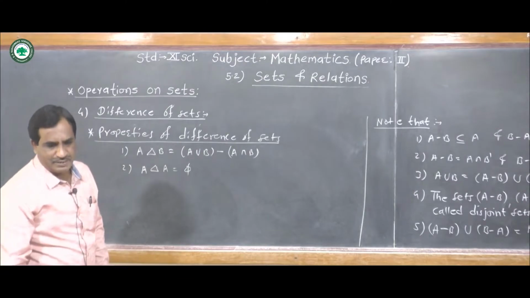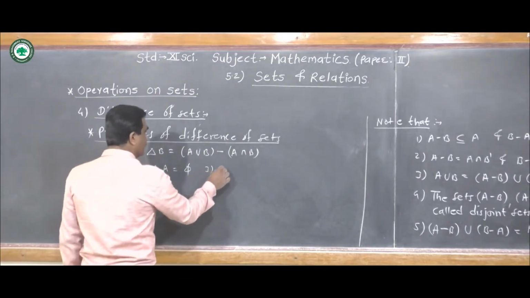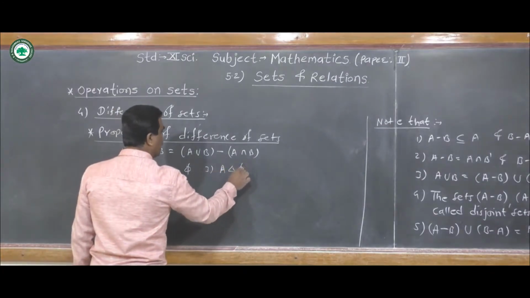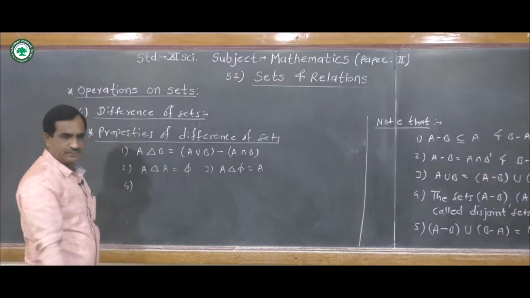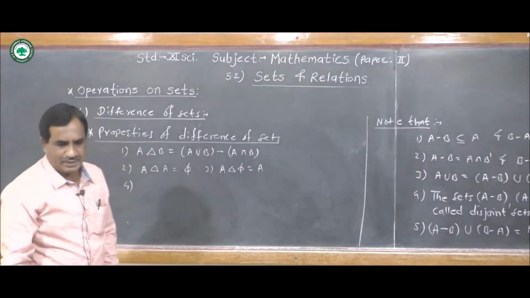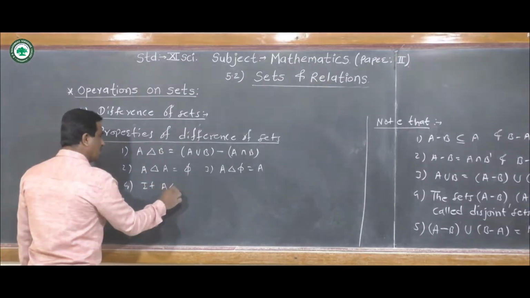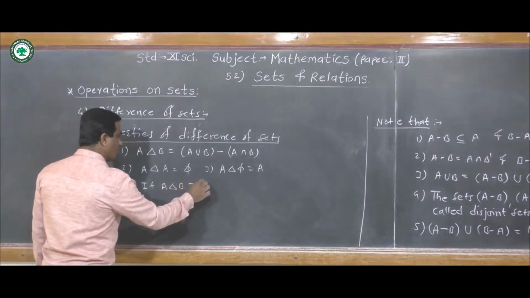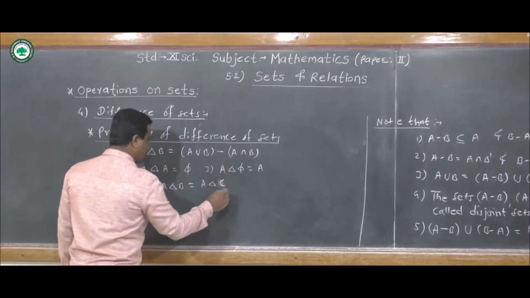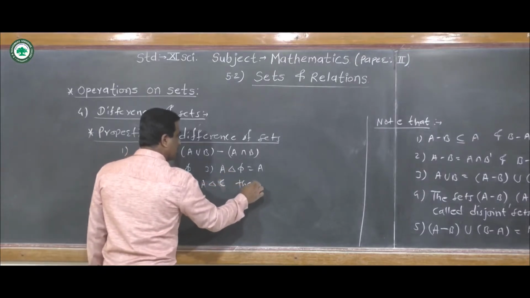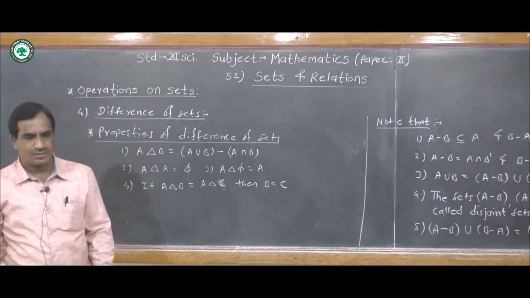The next property is A delta phi is equal to A. The fourth property is if A delta B equals A delta C, then B is equal to C.